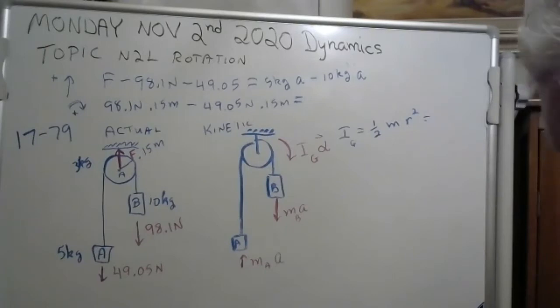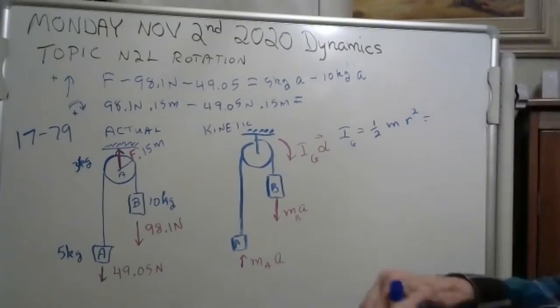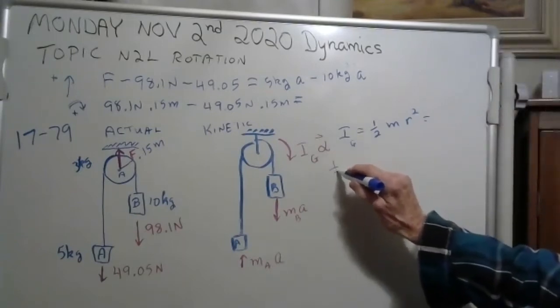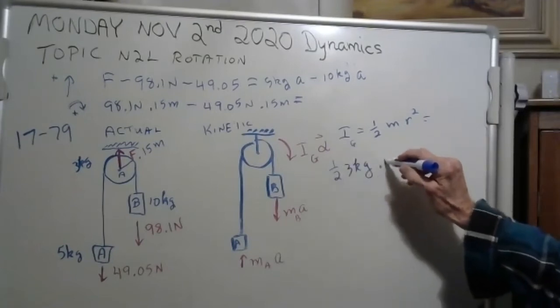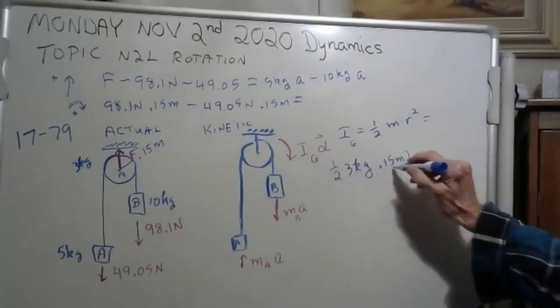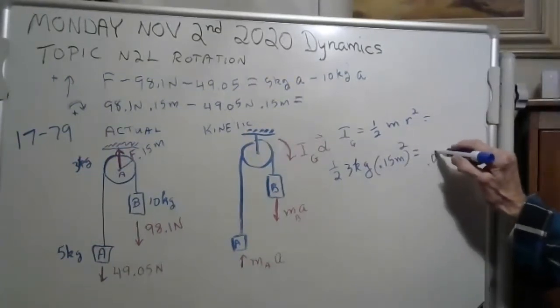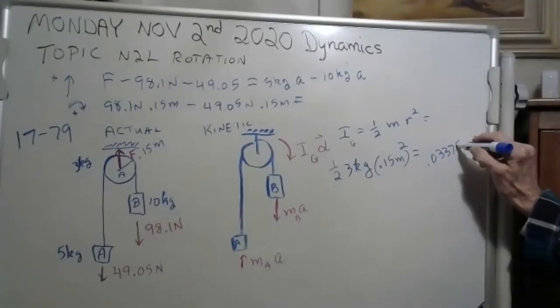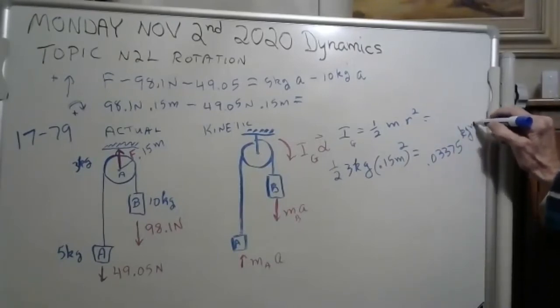It's 1/2 times 3 times 0.15 squared. Maybe I should write that out. It's 1/2 times 3 times 0.15 squared. Now what I got is 0.03375. Uh-oh, I ran out of room. Kilogram meter squared.